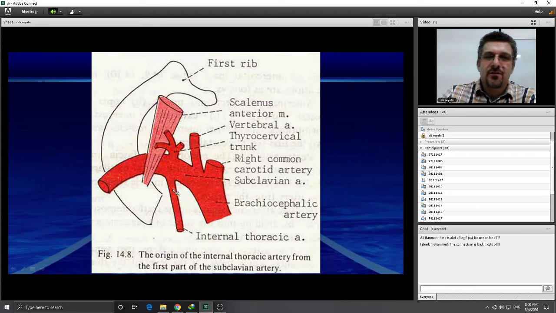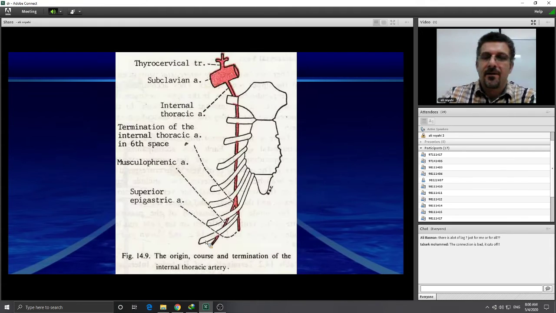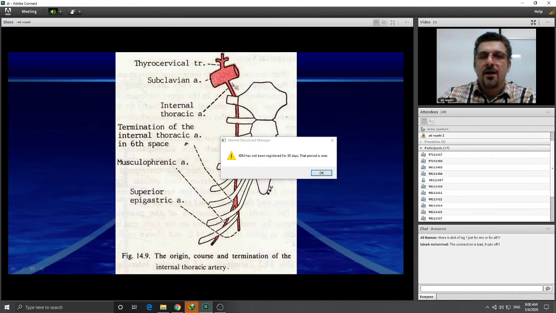In this simple picture, you can see the origin of the artery. This is the subclavian artery. As I showed you, the subclavian artery terminates at the lateral border of the first rib, and in continuation with this artery, we have the axillary artery. You can see the route of the internal thoracic artery at the back of the costal cartilage.